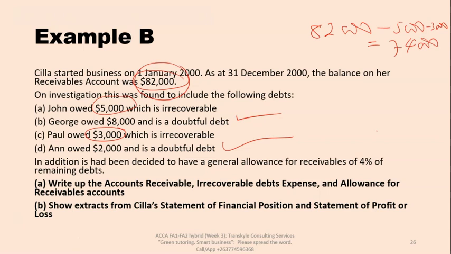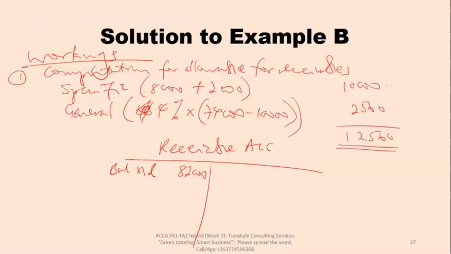Then we are told that some of these were irrecoverable, so those irrecoverable are going to be on the credit side, and these were 8,000 in total.